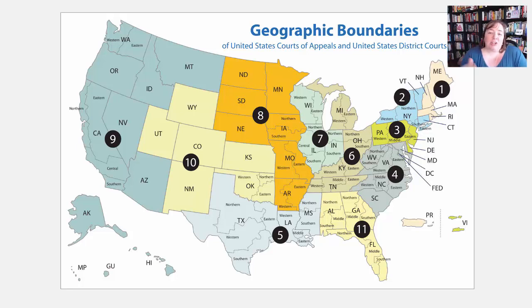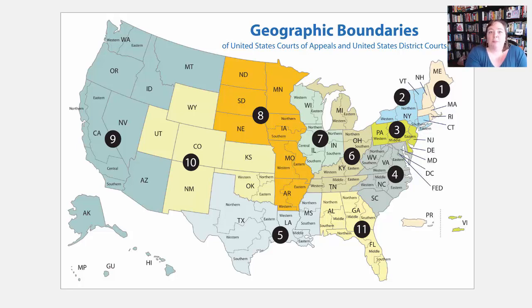When a case is heard by a circuit court of appeals in one of these circuits, then the decision that that circuit court of appeals makes is binding on all of the trial courts within that district. So if, for example, a case comes up from a trial court in Tennessee, it goes to the 6th Circuit Court of Appeals and they make a decision. That decision will then be precedent for all of the federal courts in the 6th Circuit.